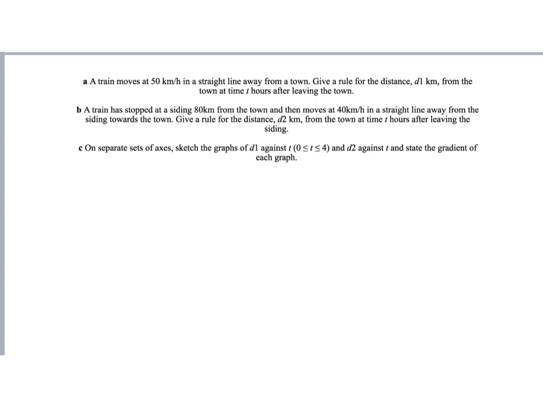A train is moving at 50 kilometres an hour in a straight line away from the town. Give a rule for the distance from the town at t hours after leaving the town. I'm just going to say part A. Well, the distance is just going to be 50 kilometres per hour, 50 times the time.